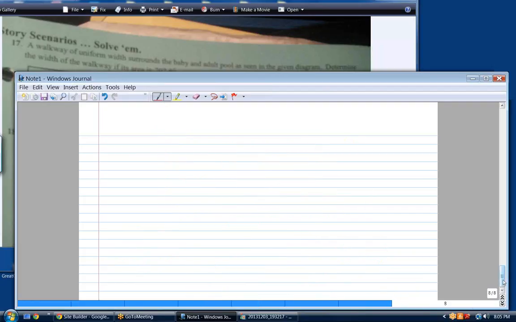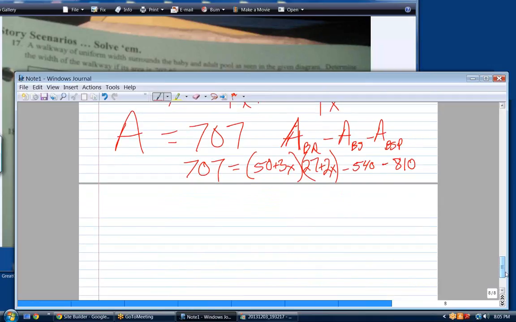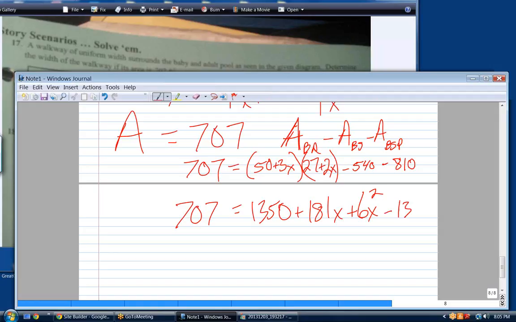So this is a quadratic where you need both solutions. But in order to get it, we're going to need to do some foiling. So let's see, we got 707 equals 1350 plus 100x plus 81x, 181x plus 6x squared minus 1350.